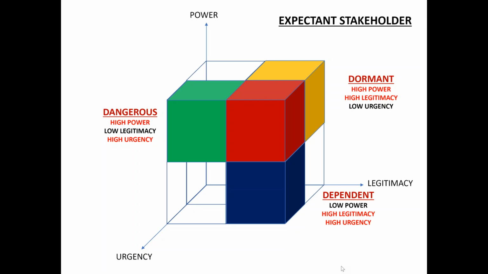This guy doesn't have any power, but he has ethical values and other values, and he expects that he will be catered for, and he is showing high level of urgency also. But because he doesn't have much power, he is dependent on the program manager to entertain him.